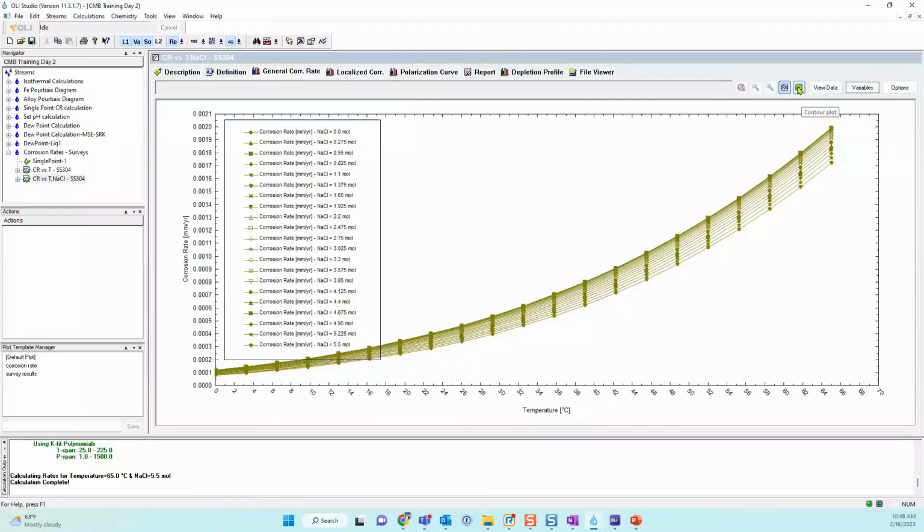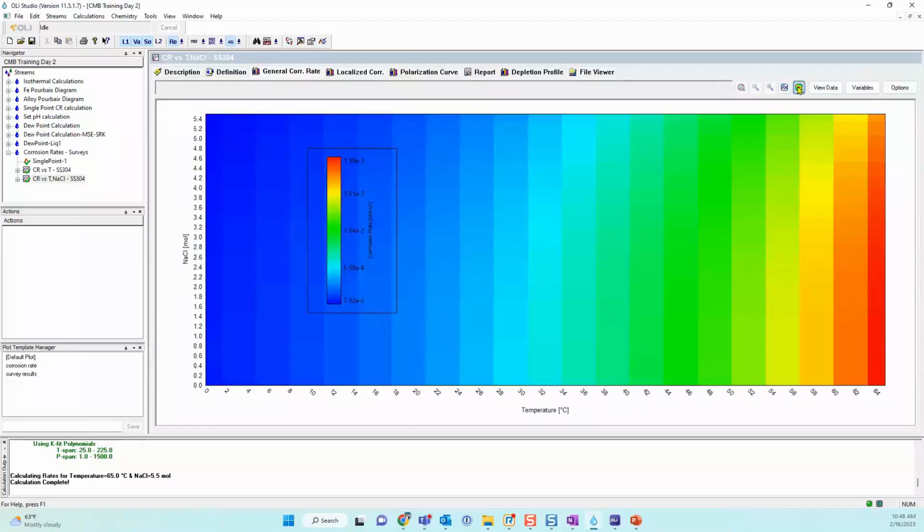So if you click on it, it will give me a plot here where it's telling me the x-axis is the temperature and the y-axis is the sodium chloride concentration.